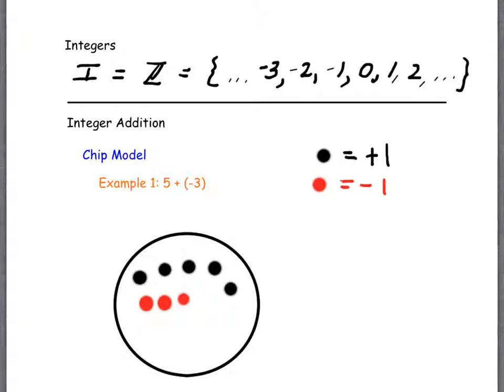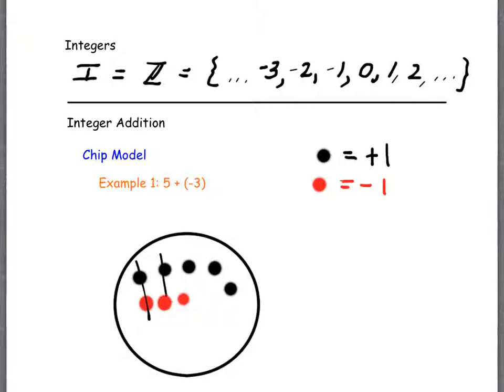If kids would actually get out chips, these poker chip looking things, they would do this picture. But then they would recognize, as you're hopefully recognizing yourself, that there's a way to simplify this. How can you simplify this picture? Cancel out. What cancels? A red and a black. Yeah, a red and a black chip add to be a value of 0. They combine to be sort of opposites of each other.